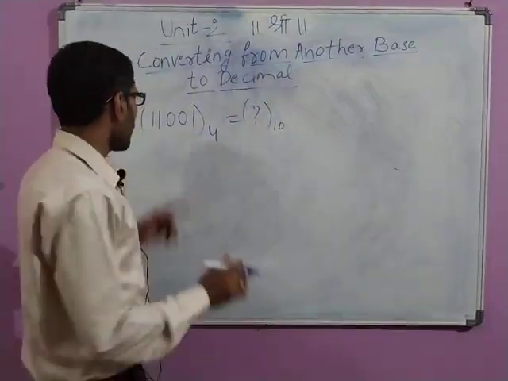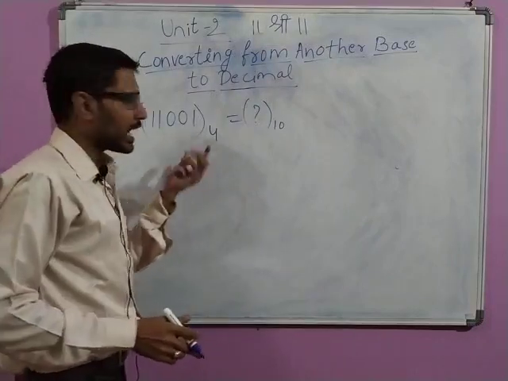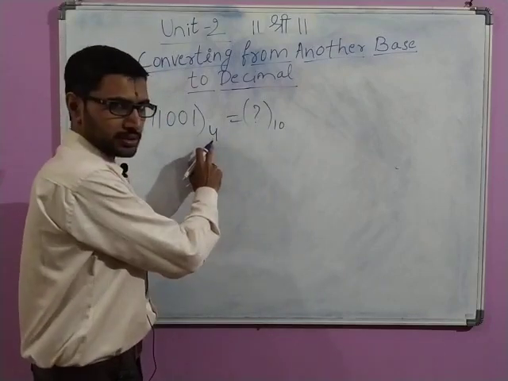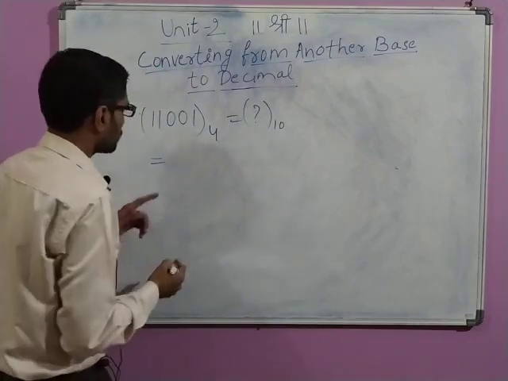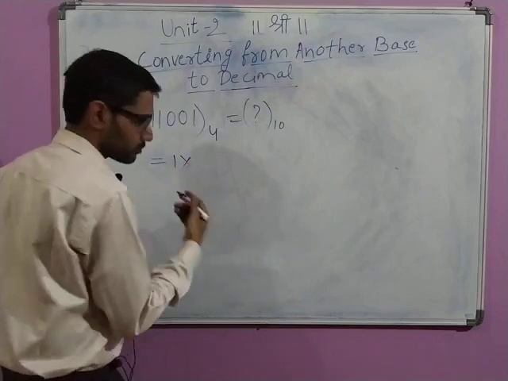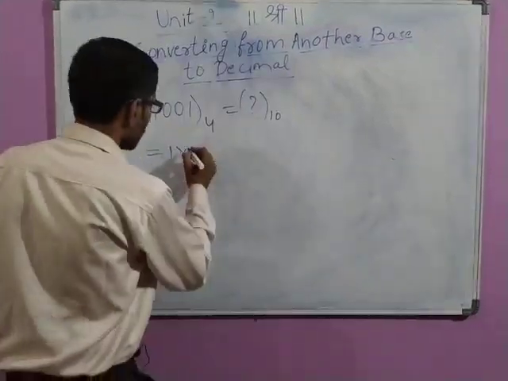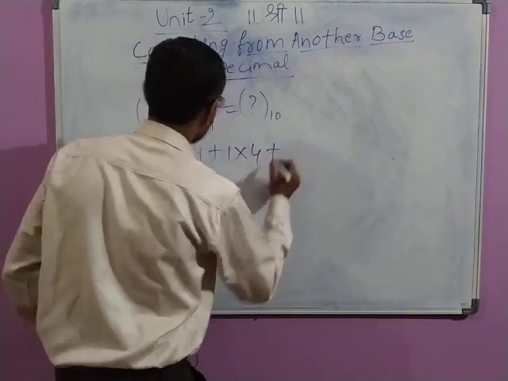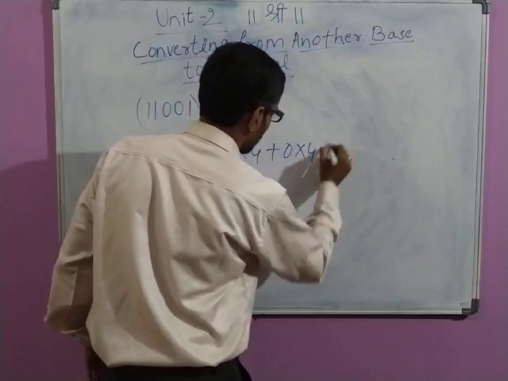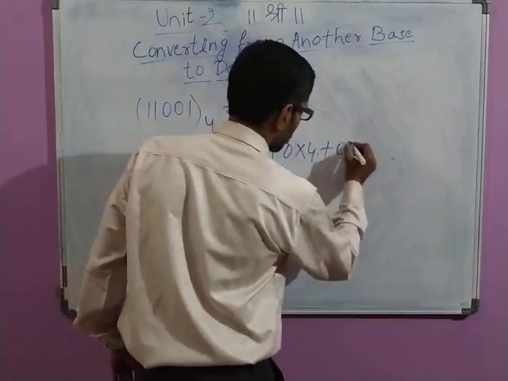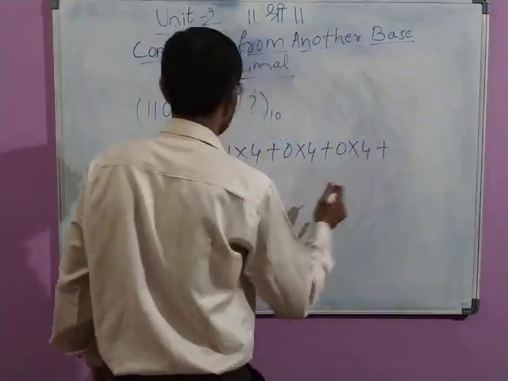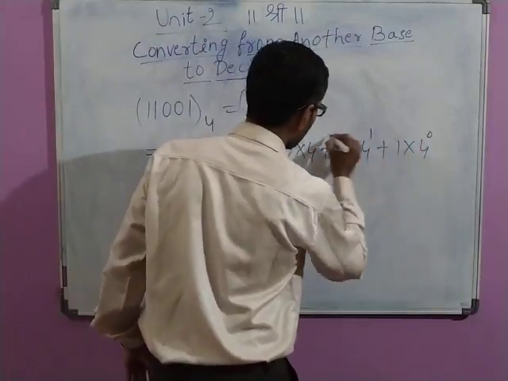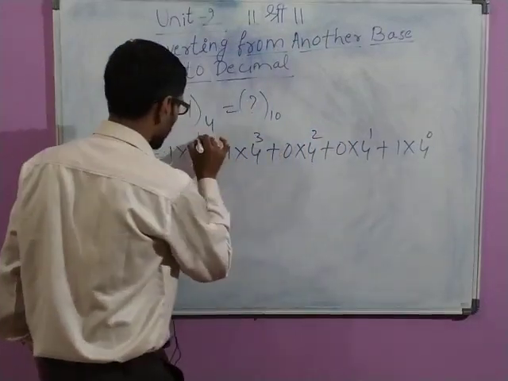So what is the procedure? You need to take each digit and multiply with the positional values, which depend on the base, and then add up the sum. So 1 into 4 to the power, plus 1 into 4 to the power, plus 0 into 4 to the power, plus 0 into 4 to the power, plus 1 into 4 to the power. The positional values start with 0, 1, 2, 3 and 4.